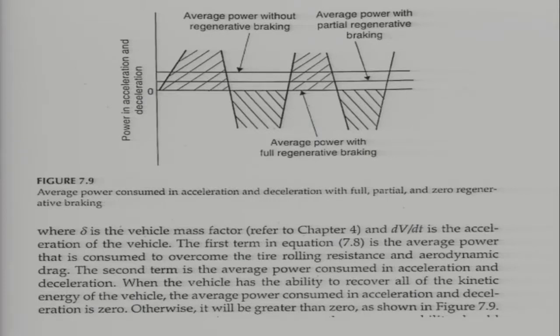This particular graph shows average power with partial regenerative braking, where only part of the power is recovered. This is for full regenerative braking, where you are able to recover full power, and the actual accelerating power is very small.